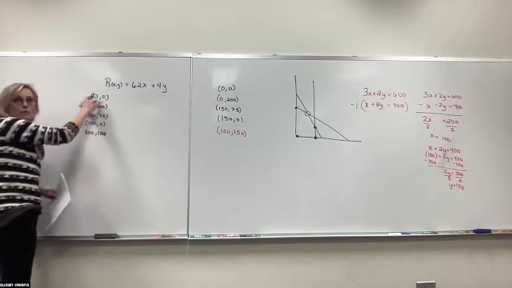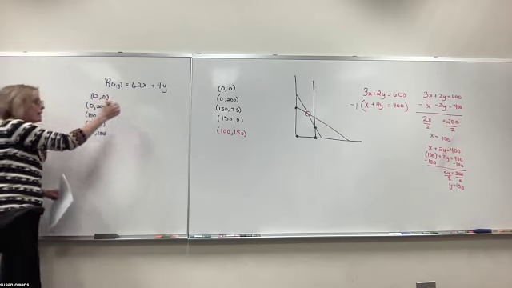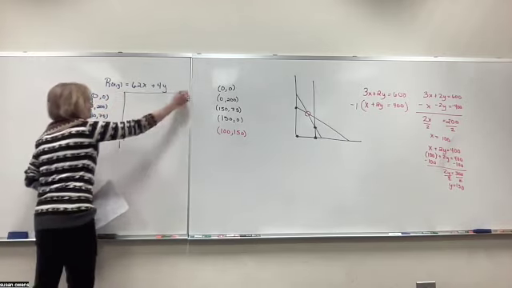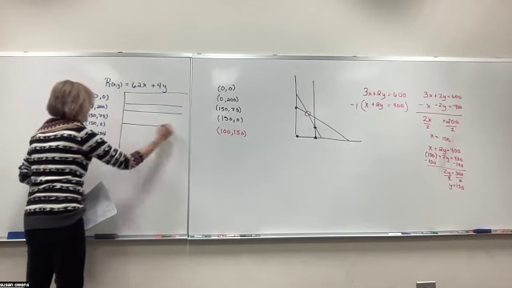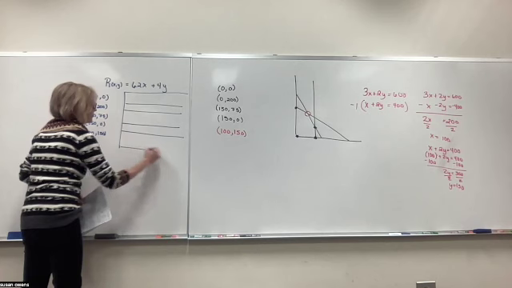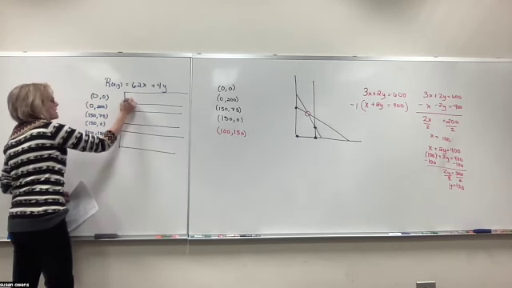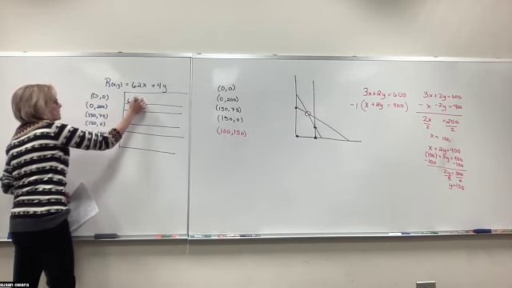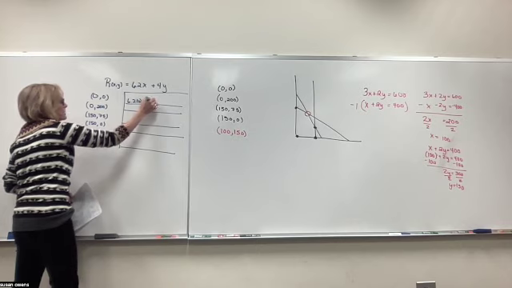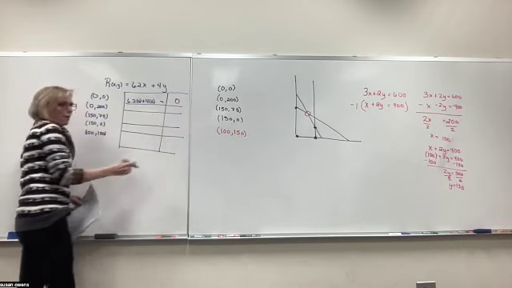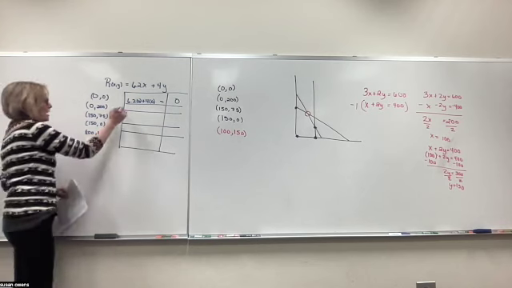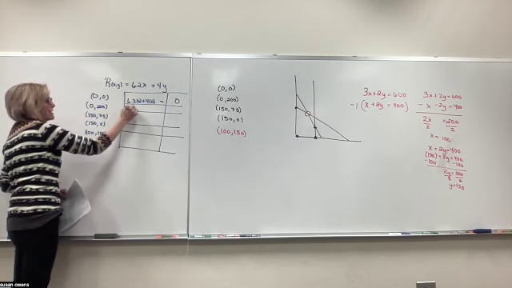And we substitute the x in for x and the y in for y for each of those. So 6.2 times 0 plus 4 times 0 is equal to 0. I did the first one for you. Okay, so after that, you guys do the rest.